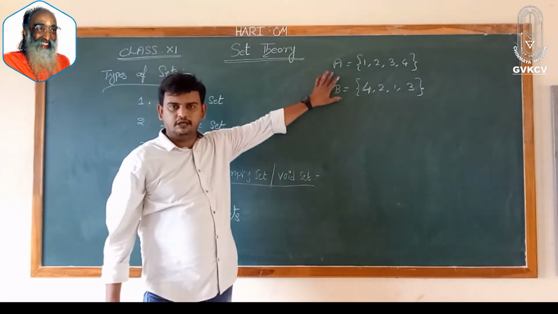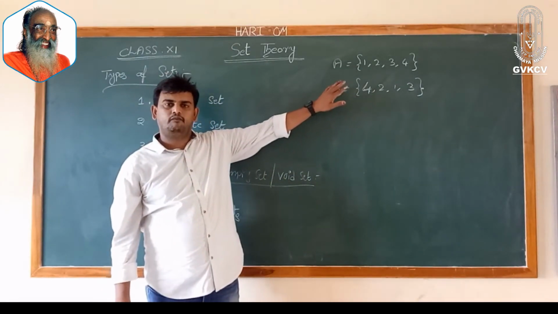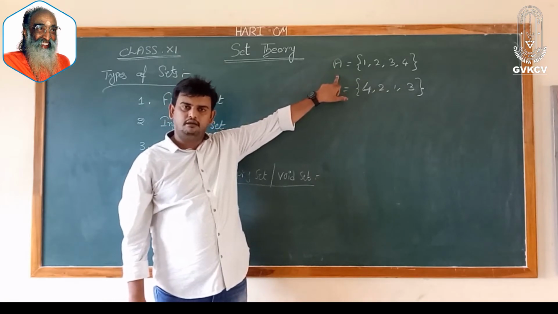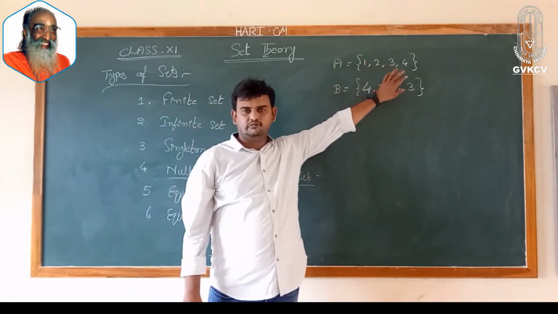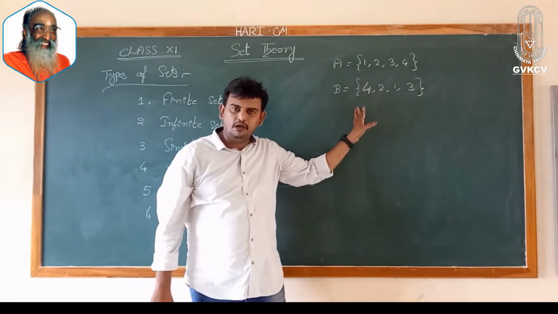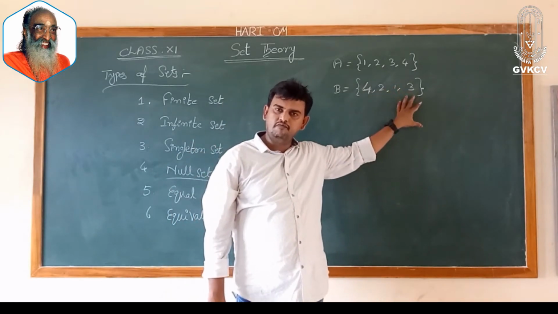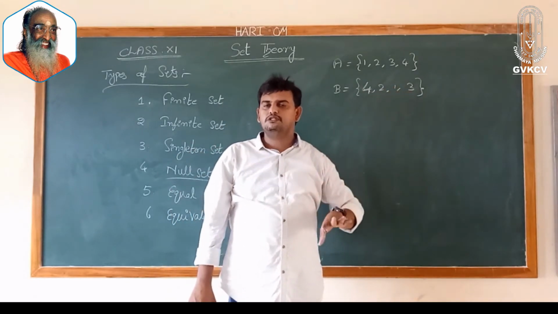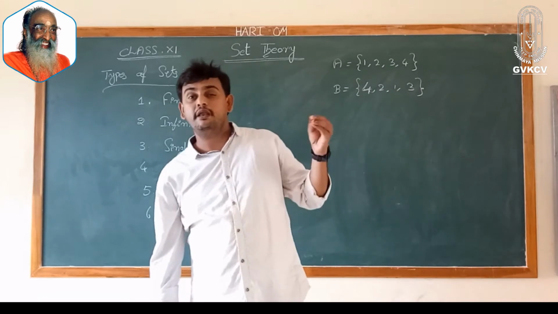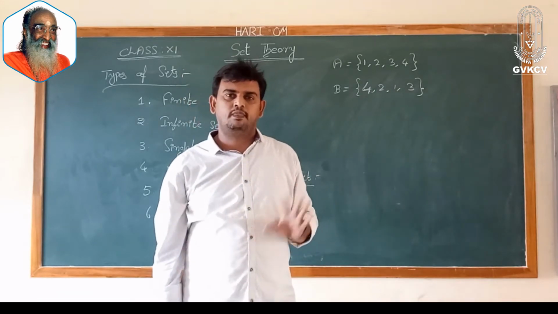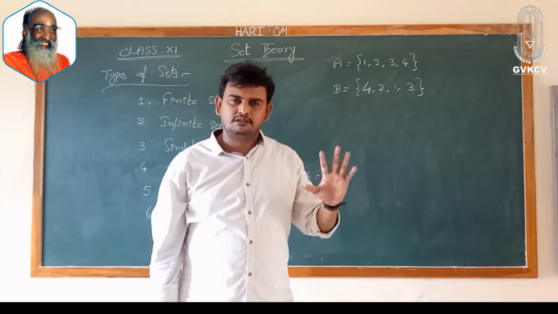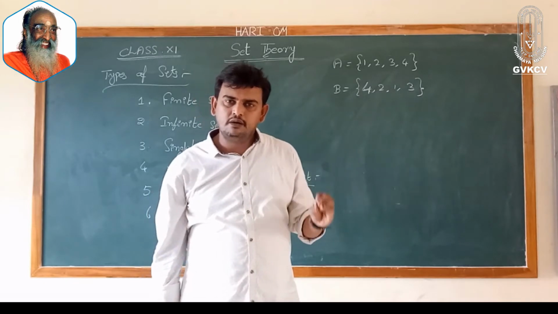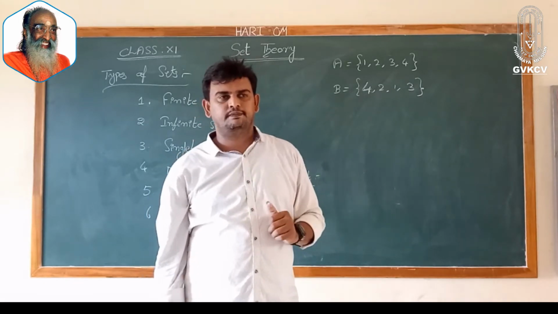If you observe, set A, how many elements do you have? 4 elements. Set B, how many elements do you have? Again, 4 elements. Both sets are having an equal number of elements.